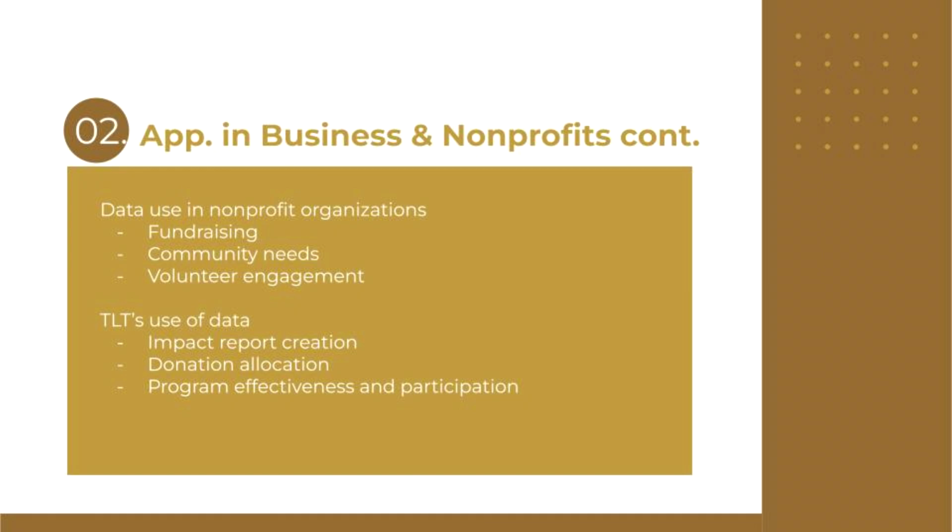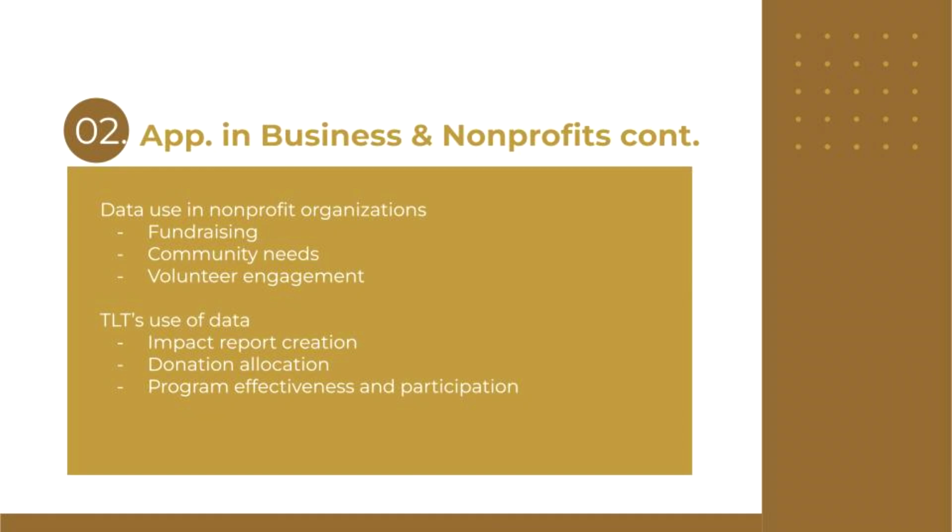So for TLT, data is used to support youth and optimize outreach. So for the youth part, data is collected to see their impact for like youth programs such as the small business entrepreneurs.